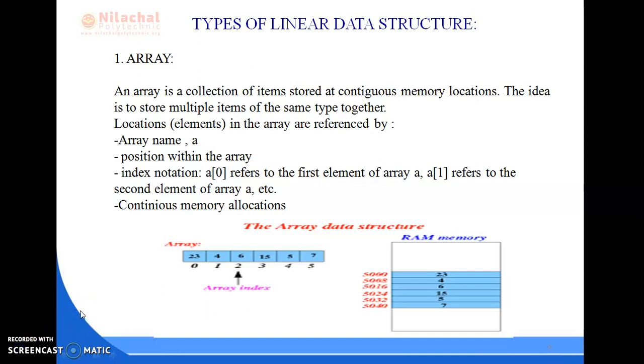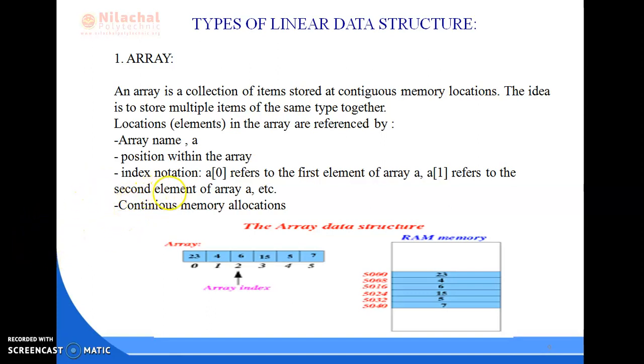The locations of the elements in the array are referenced by the array name, the position within the array, the index notation, and the contiguous memory allocations.